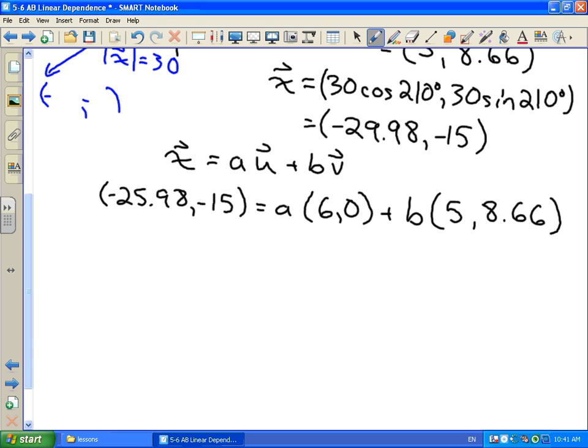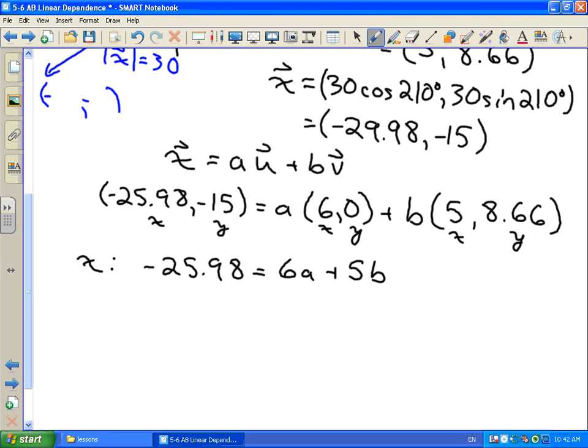And then we do the same thing we did last time. We separate out our x and our y components into separate equations. From our x components, we get negative 25.98 equals 6a plus 5b. From our y components, we get negative 15 equals, well, a times 0 just gives us 0, so we get 8.66 times b.